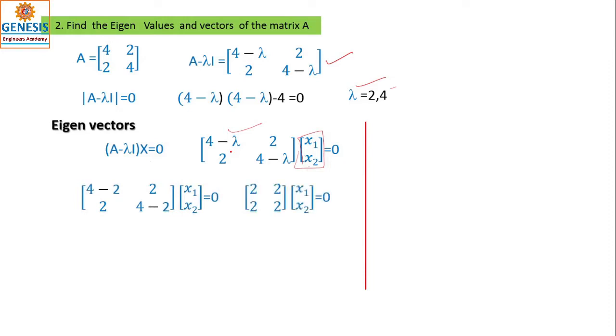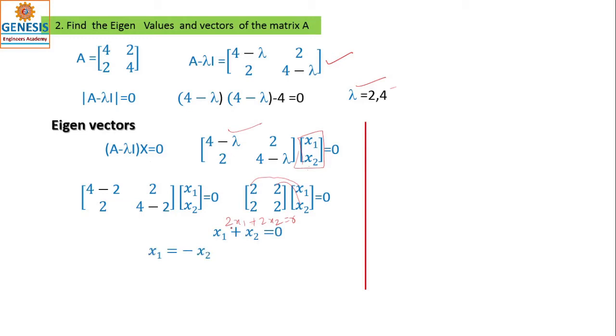Now multiplying out, 2x1 plus 2x2 is equal to 0, so x1 plus x2 is equal to 0. Then x1 is equal to minus x2.